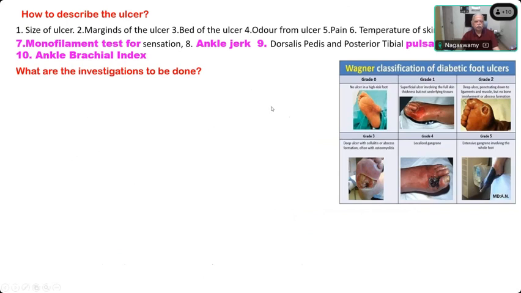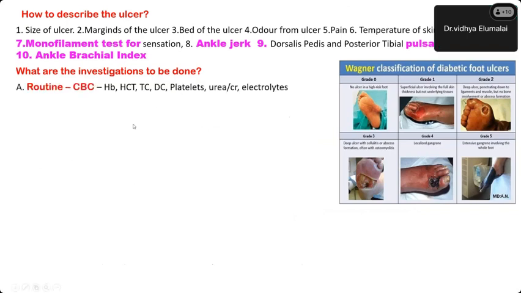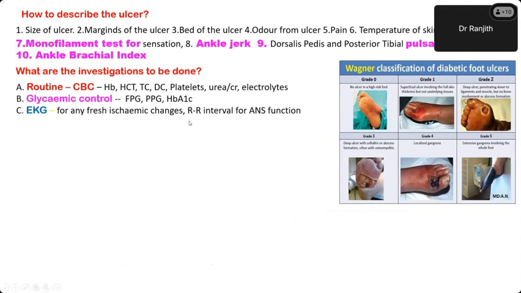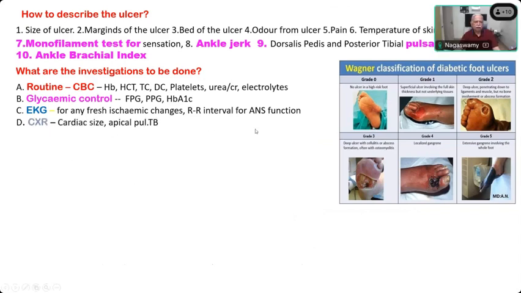What are the investigations you have to do before you take up this patient? Routine investigations along with HbA1c, fasting and postprandial blood sugar. Routine CBC, platelets, and electrolytes, glycemic control, ECG changes, RR intervals, CXR for cardiac size and pulmonary tuberculosis, which is very common in chronic diabetic patients.